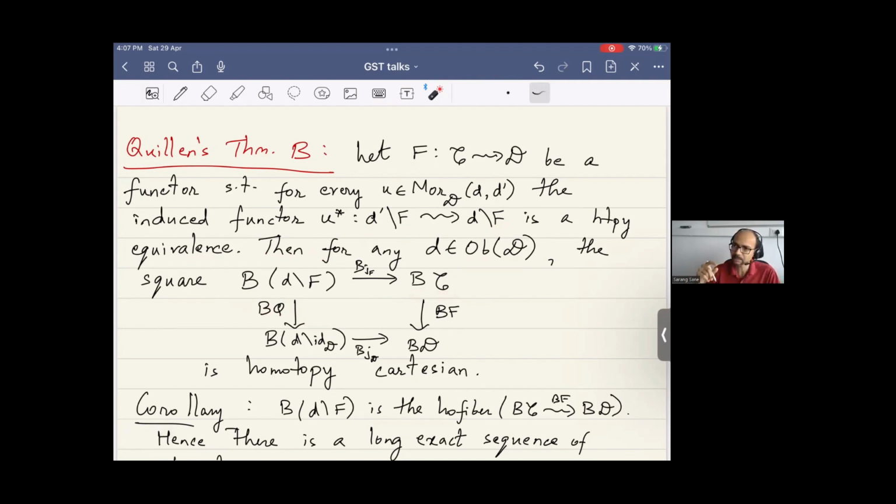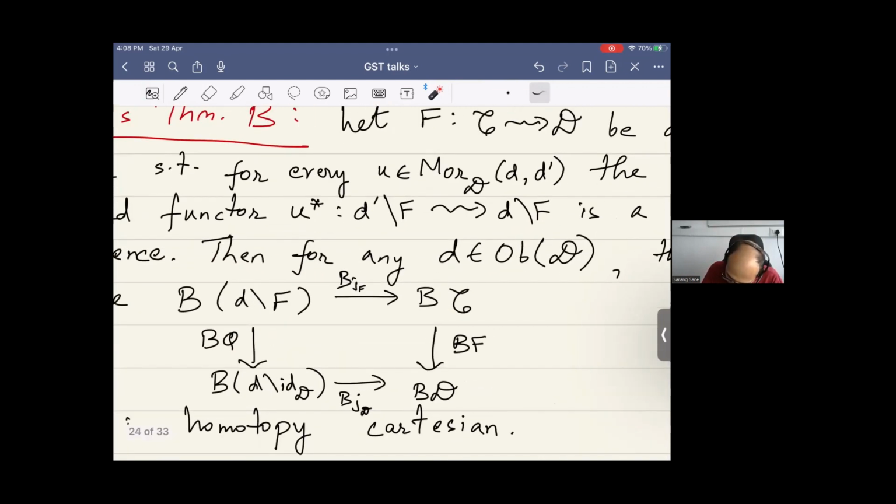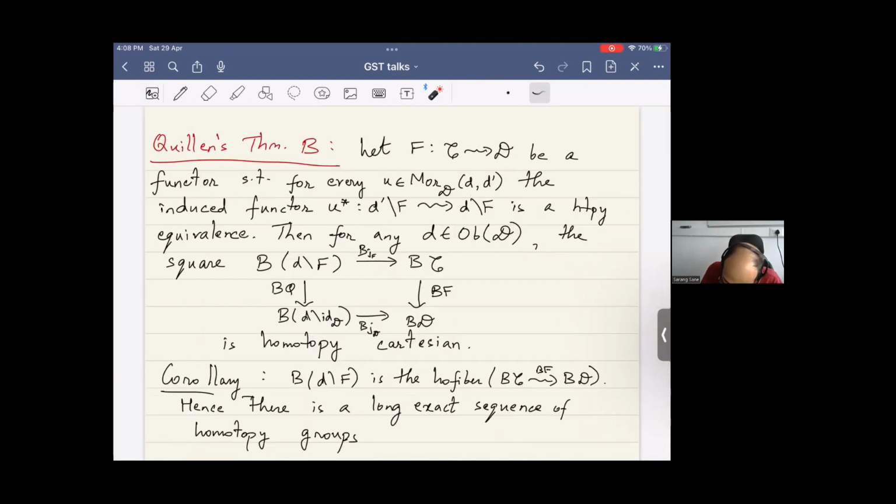Remember we had this functor J. I'm calling this JF to keep track that this is about F. There was a forgetful functor, and this forgetful functor induces this map BD comma F to BC. This is the obvious map BF.